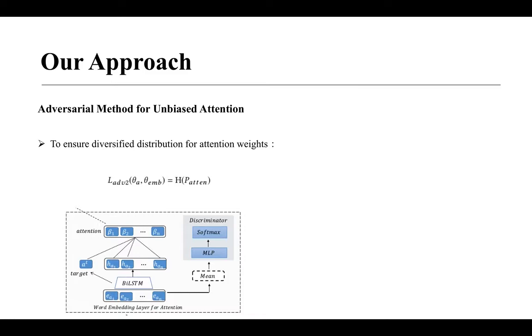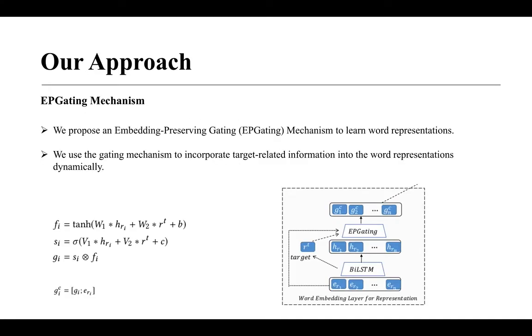In addition to using adversarial methods to optimize attention weights, we also propose an embedding preserving gating mechanism to learn word representations. The gating mechanism is used to control the path through which information flows in a network and has proven to be useful for the RNN network.